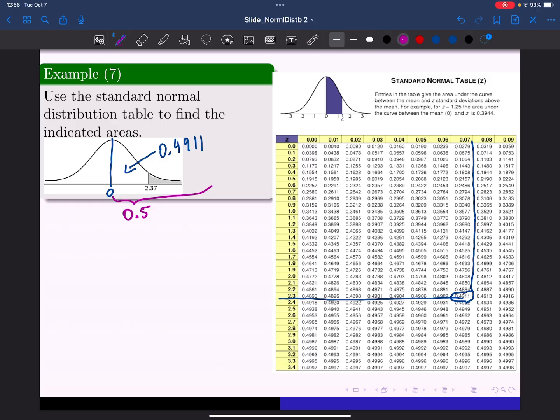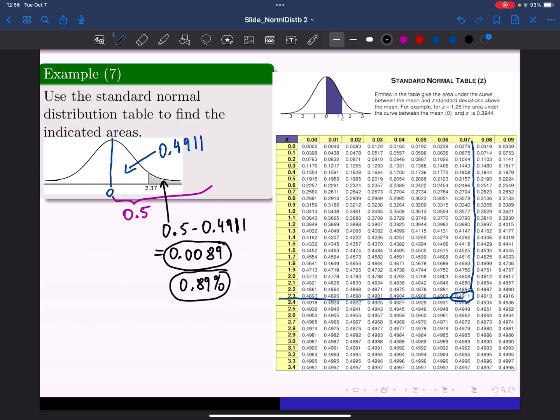So this area would be 0.5 minus 0.4911, and that gives me 0.0089. Or if we want percentage, we move 2 decimals to the right, so this is less than 0.89%. It's less than 1%.